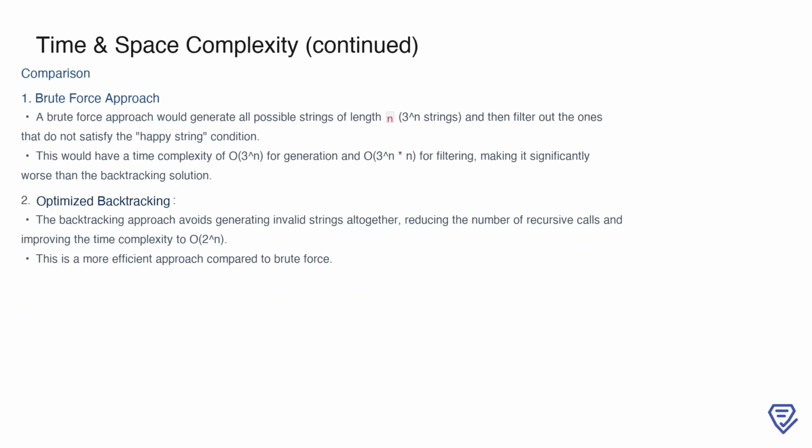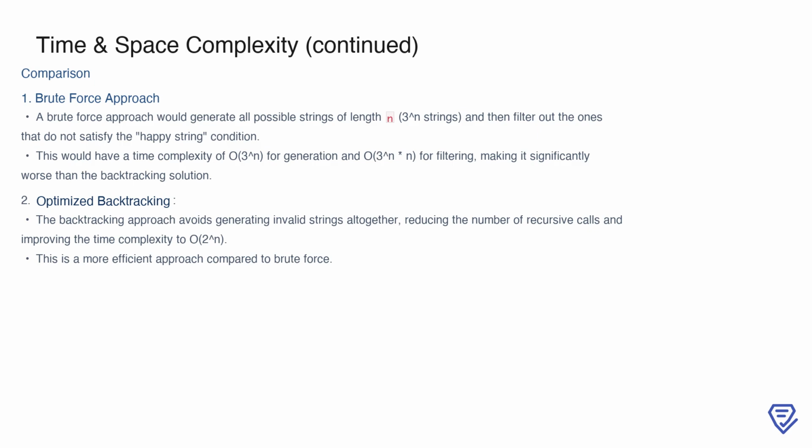Let's compare this backtracking approach to a brute force solution. A brute force approach would generate all possible strings of length n, which amounts to 3 to the power of n strings, since there are 3 choices for each position. After generating these strings, it would filter out the ones that do not satisfy the happy string condition.